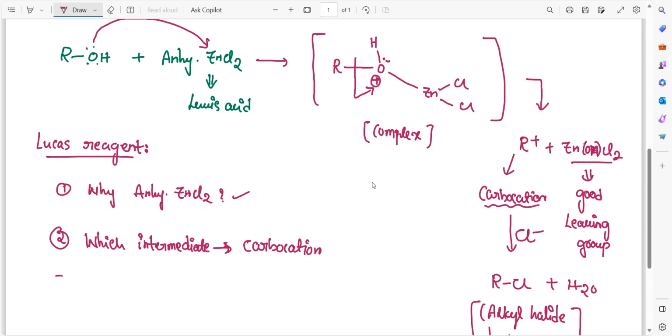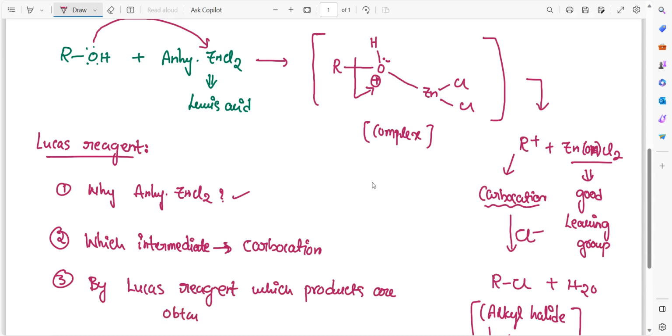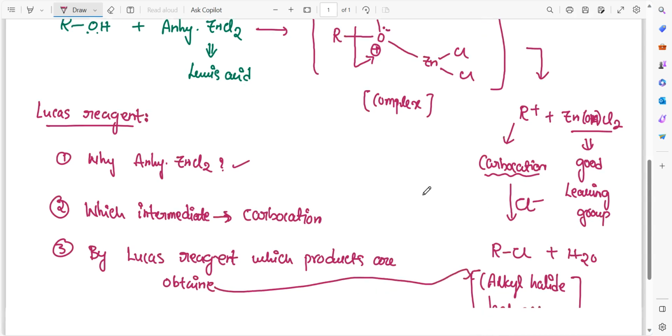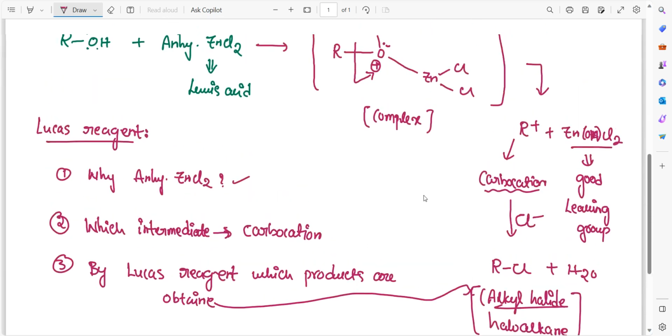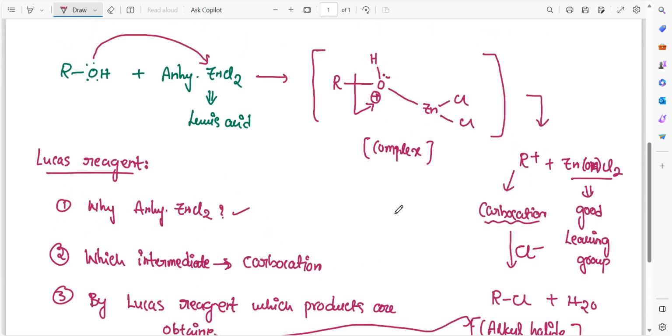The next question is, in Lucas reagent, which products are obtained? Here is the answer: we obtain haloalkanes or alkyl halides. This is all about the Lucas reagent, which is very important from the exam point of view.